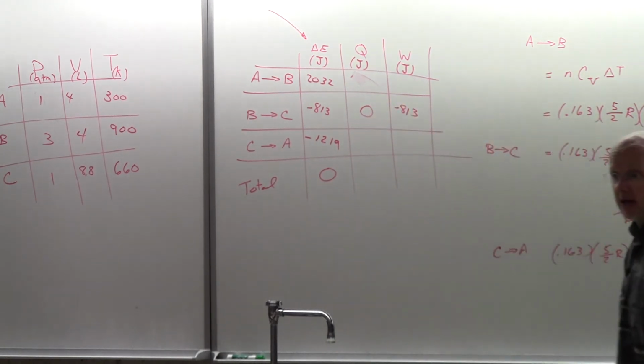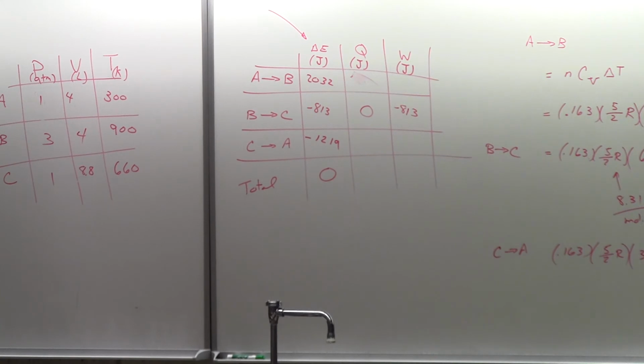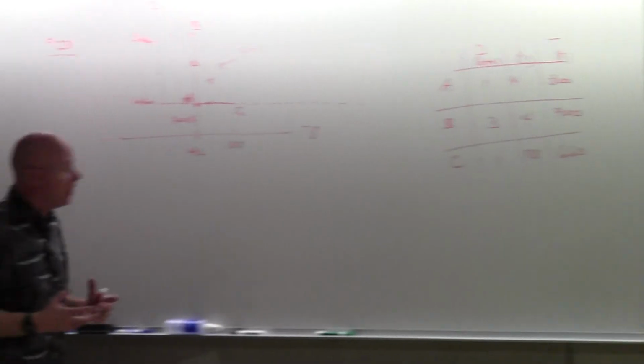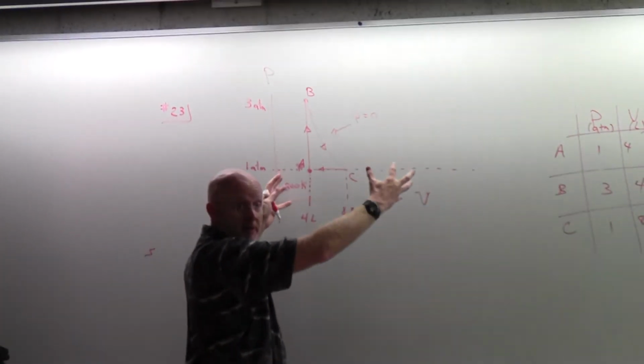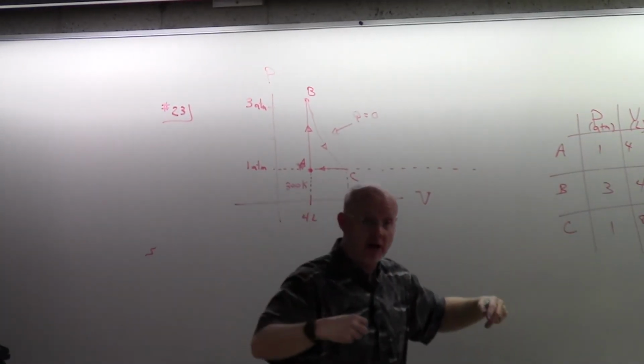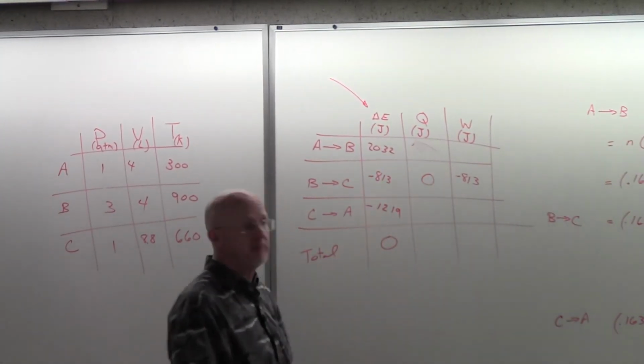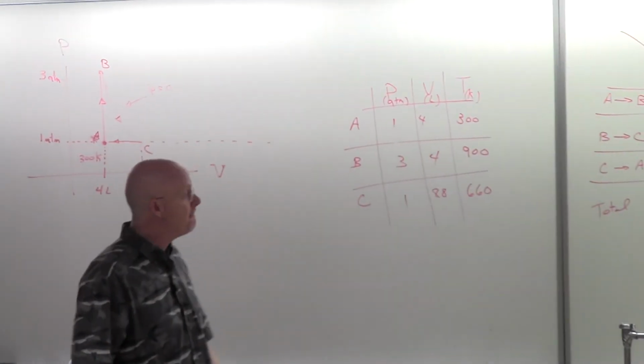Yeah, that's a negative 813. Exactly. It should be negative. And we should ask, does that fit my physical picture here? It's doing work on the environment. It's pushing the environment. It's losing energy. So this should be negative, and that should be negative. Those two added together should be that one. Perfect.